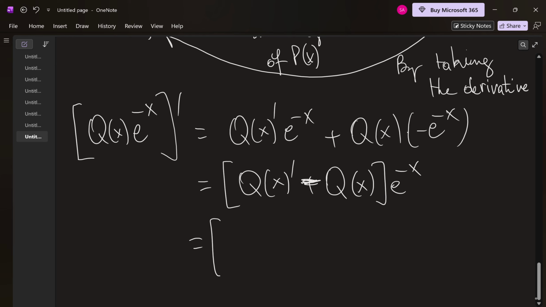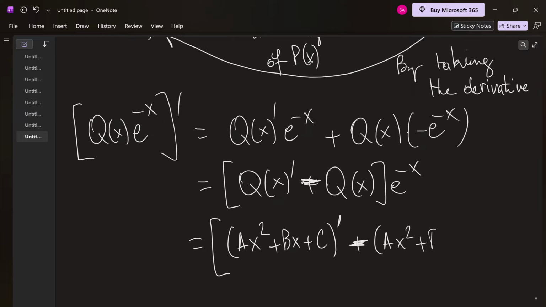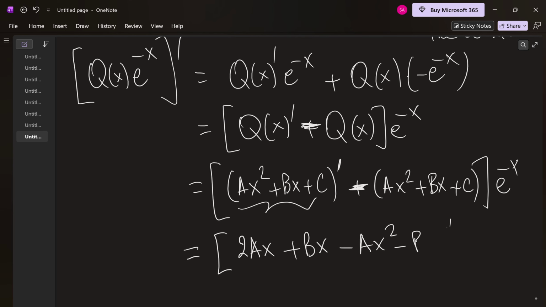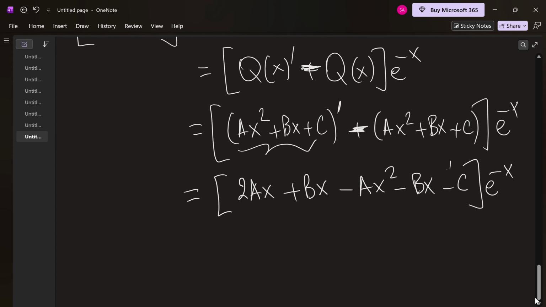Now remember that q(x) is a x squared plus b x plus c. So what is the derivative of this part? It is equal to 2ax plus b minus ax squared minus bx minus c, times exponential minus x.